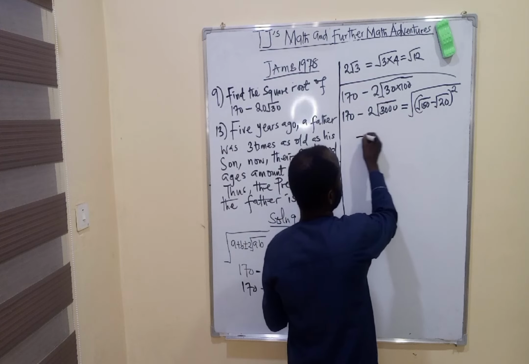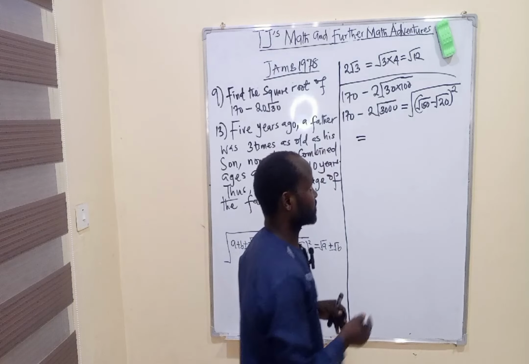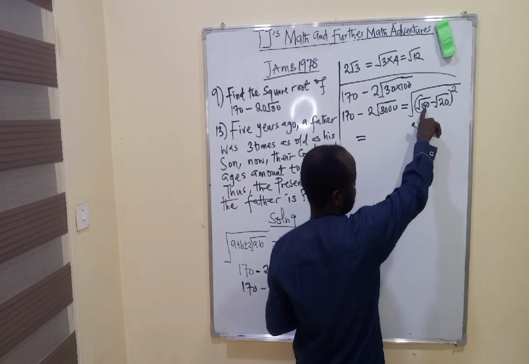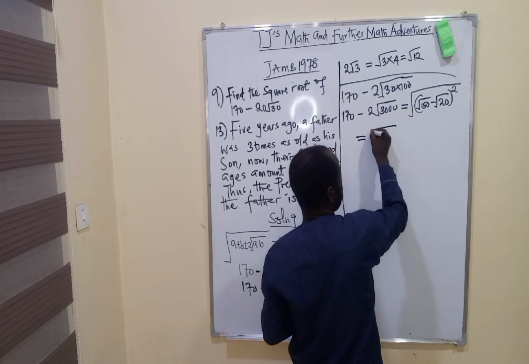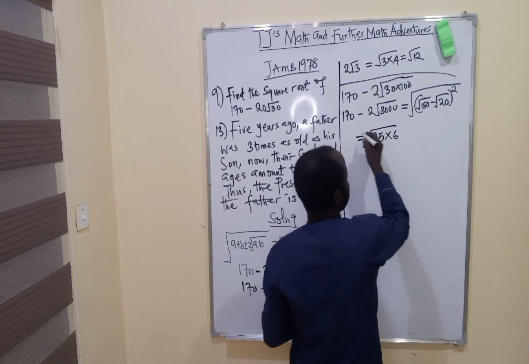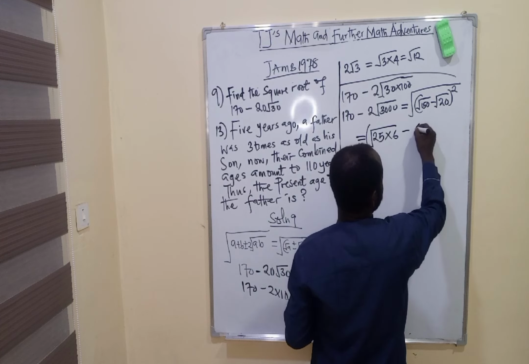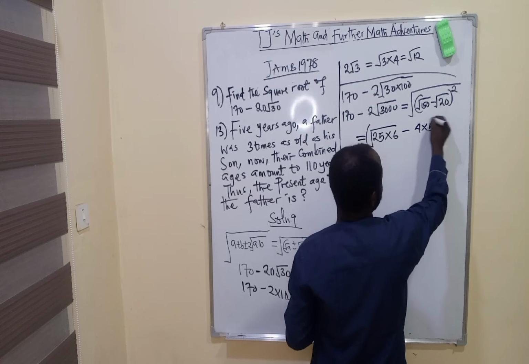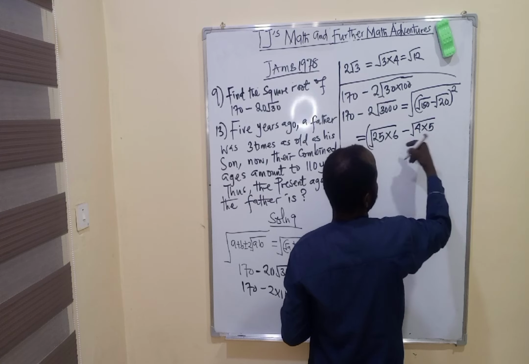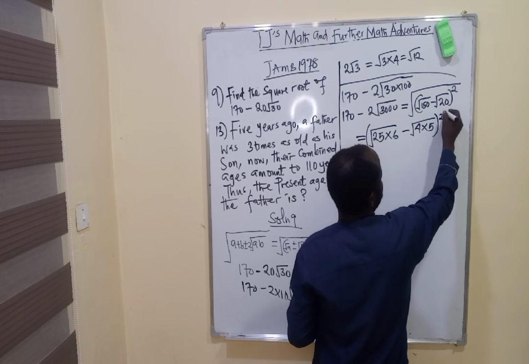So what are we going to have now? We need to write the two factors so that each one has a perfect square. We can write 150 as 25 times 6, and 20 as 4 times 5, all squared. Then we write the square root like this.